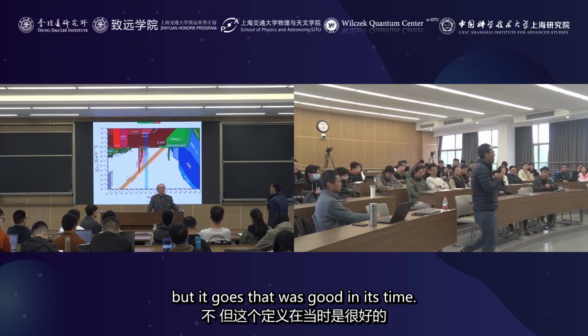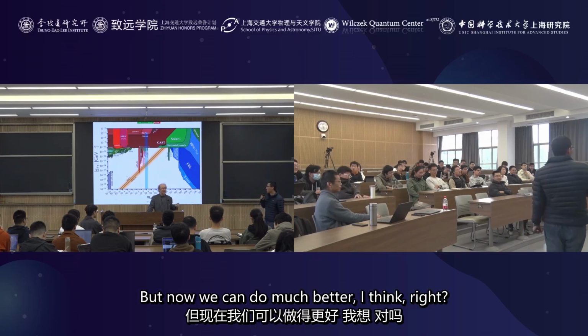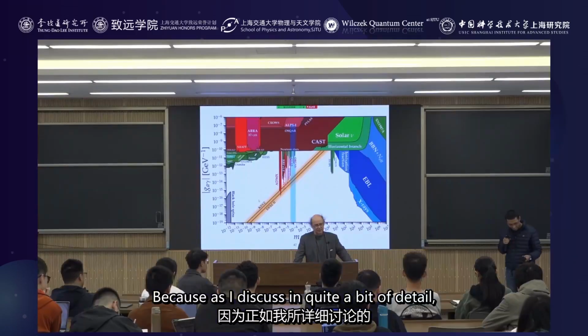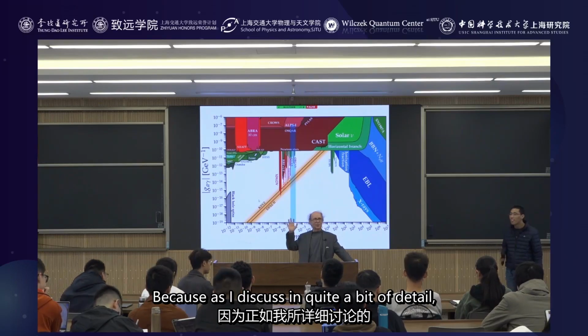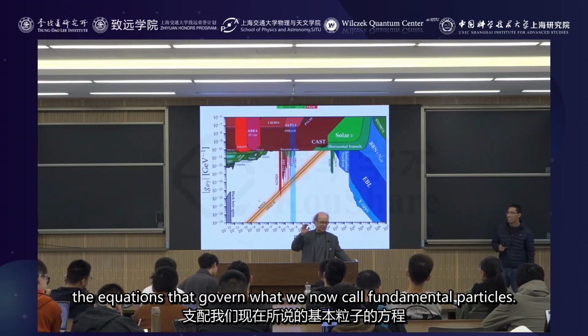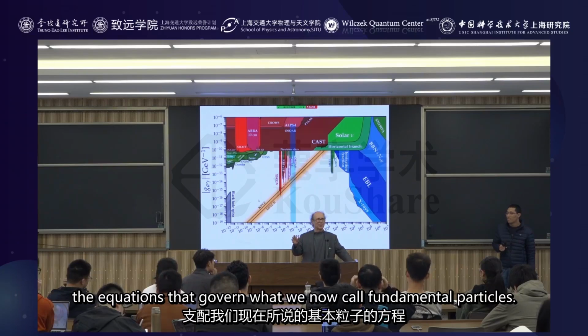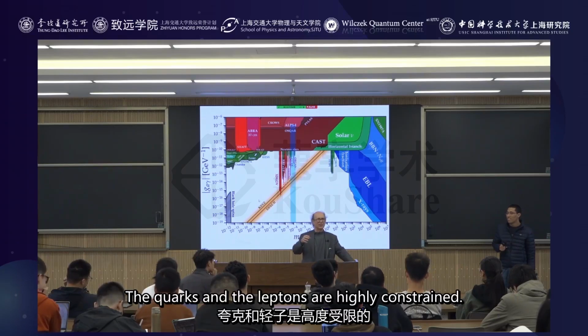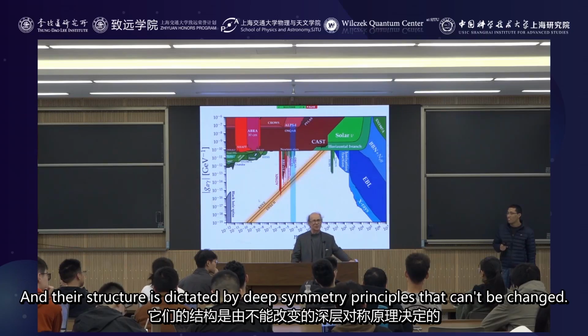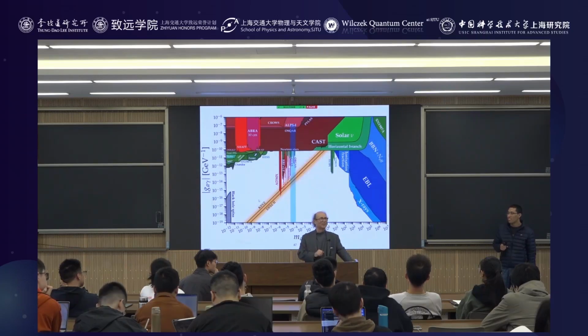That was good in its time, but now we can do much better, I think. Because, as I discussed in quite a bit of detail, the equations that govern what we now call fundamental particles, the quarks and the leptons and so on, are highly constrained, and their structure is dictated by deep symmetry principles that can't be changed.